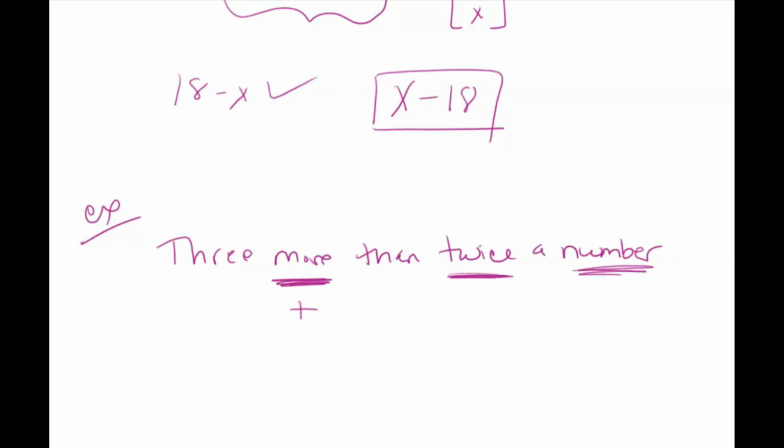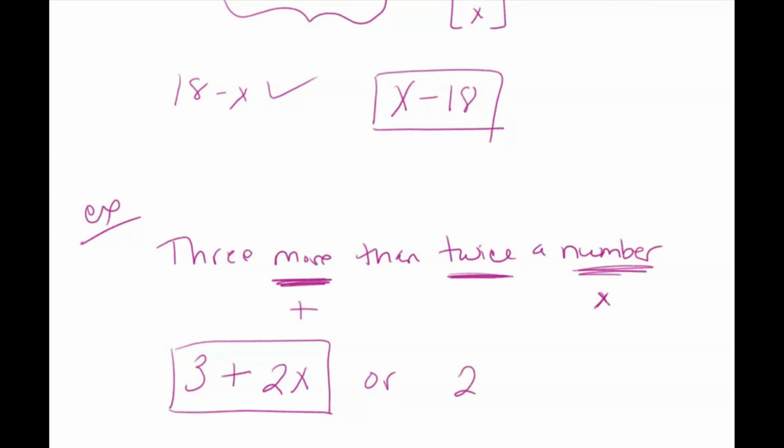And again, we have to assign a letter to this unknown value, and I like to use X. So we need 3 more than a number, and twice that number would actually be 2X. So 3 more than twice a number would be 3 plus 2X. Or if we write it exactly the way that it sounds, it would actually be 2X plus 3.